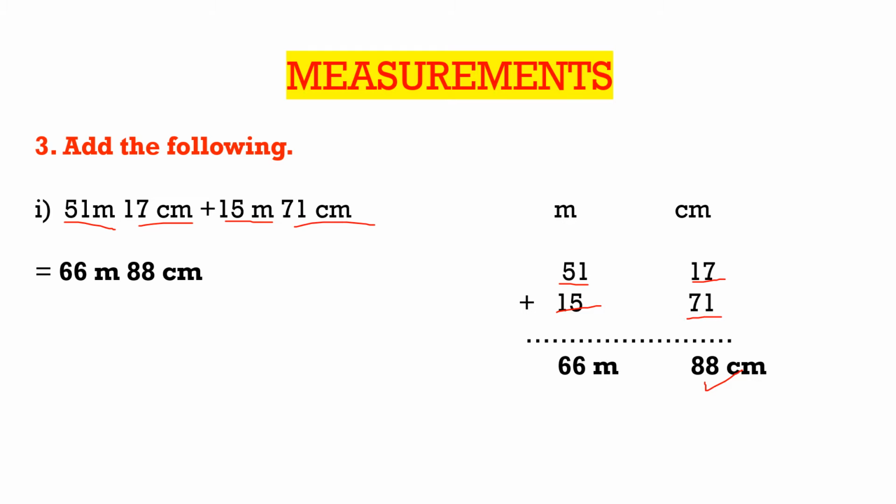So we get 66 meters. So 51 meter 17 centimeter plus 15 meter 71 centimeter is 66 meters 88 centimeters.